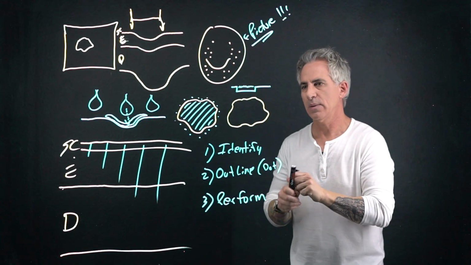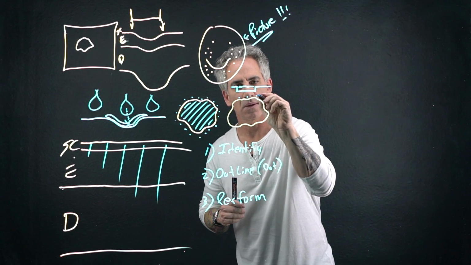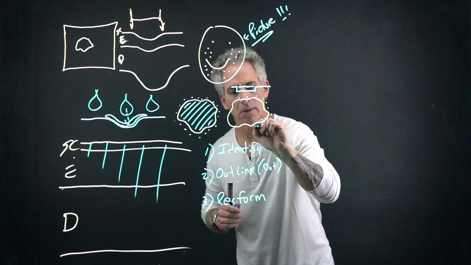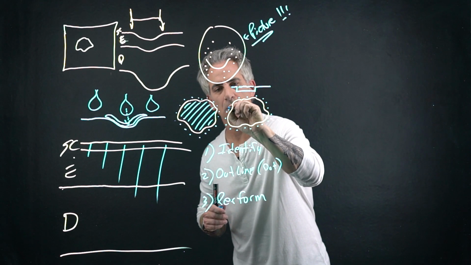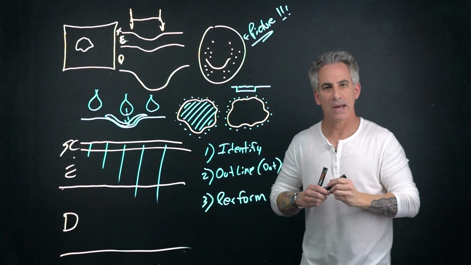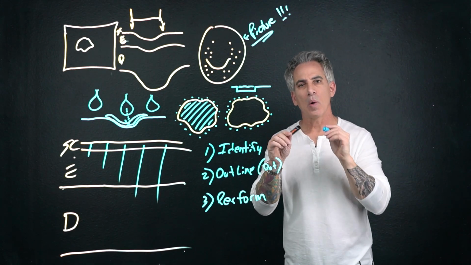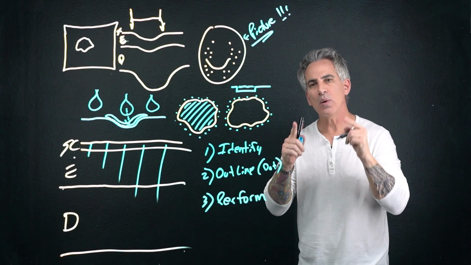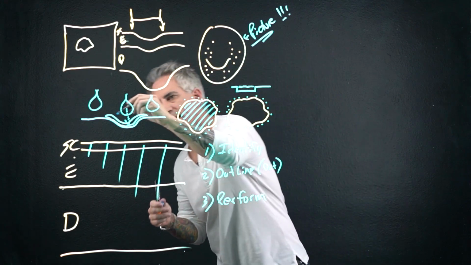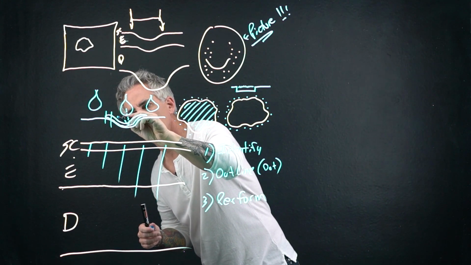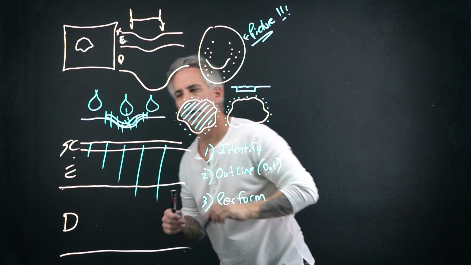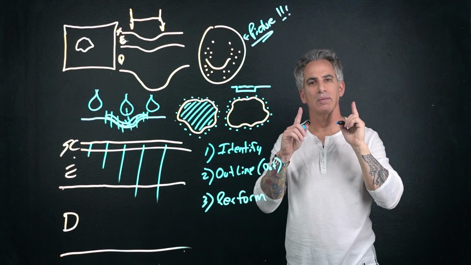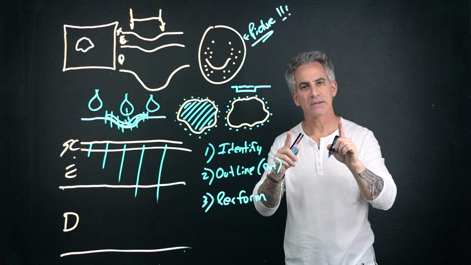Okay, so then we've got our outline here. Okay, like that. Okay, what I want you to do is, it's okay, remember, it's okay if the needle does that. Just remember to do this.